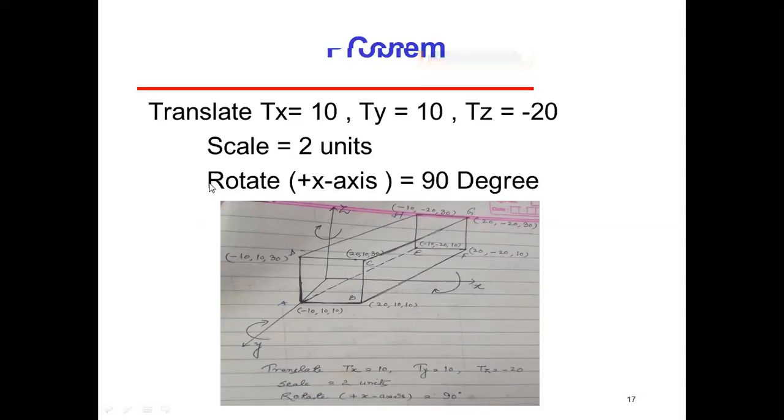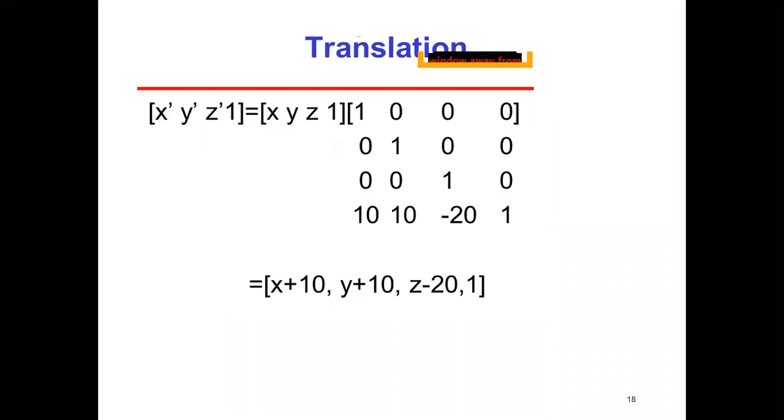Now how will we solve this? Take care of this. Here again there is a need to apply a sequence of transformations, because you will apply first translation, then scaling, then rotation. So try to solve this, even though a solution is available here.